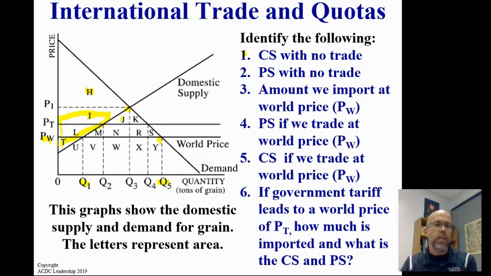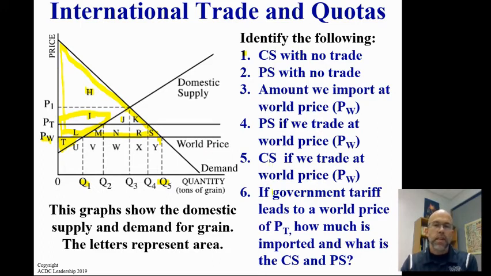If we trade at that world price, then the producers only gain this area of T. So that would be the producer surplus at the world price. Consumer surplus at world price is going to be a much larger area. At the world price, this consumer surplus is going to be this giant area here, which includes H, I, J, K, L, M, N, R, and S.